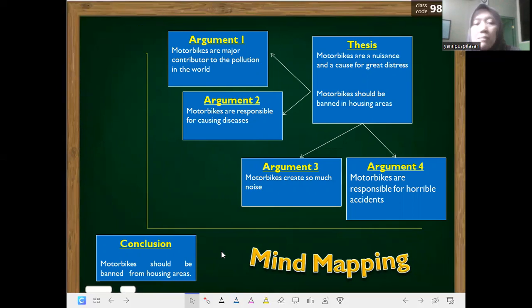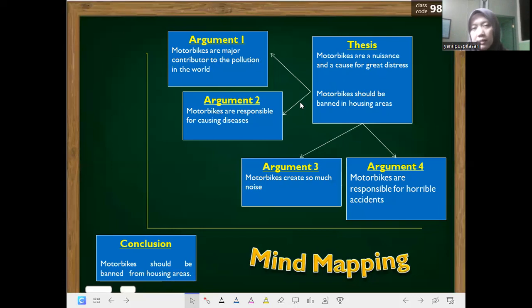Okay, in mind mapping, there are thesis, and then this is an issue, and this one is the opinion, the writer opinion, and the arguments of the writer opinion.